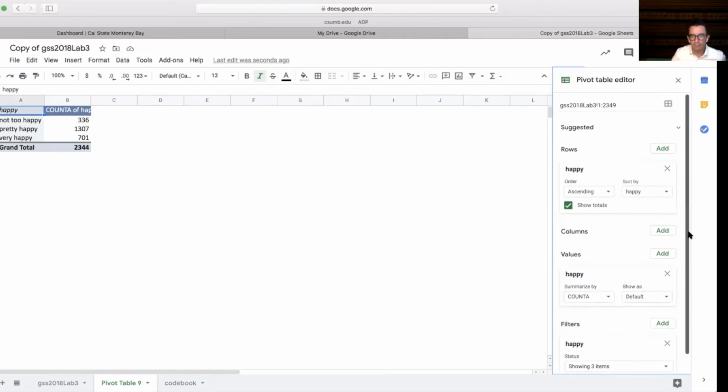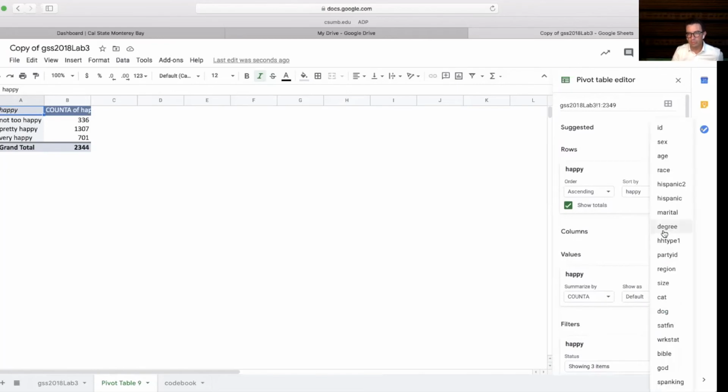Perfect. Now, we want to look at some other variable that is related to happiness. So let's go to the columns and see which one we should add. Let's say, what else can make you happy? Oh, maybe satisfaction with your financial situation.